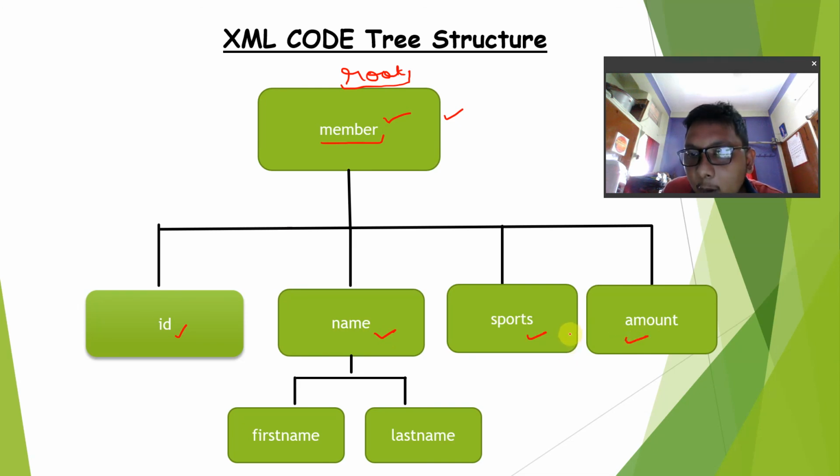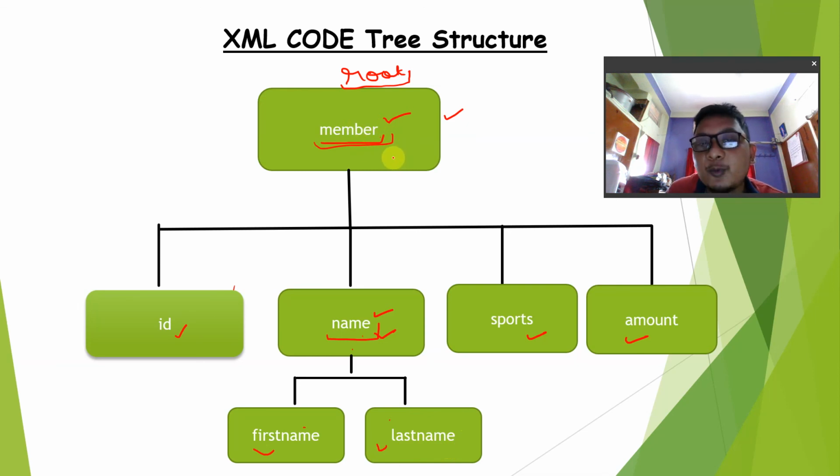So you can think of these as the direct children of the member tag. Within the name tag, as you have seen inside the code, I have written the first name and the last name tags. So the direct parent of first name and last name is the name tag, whereas the member tag will be the grandparent, and first name and last name will be the grandchildren of the member tag.